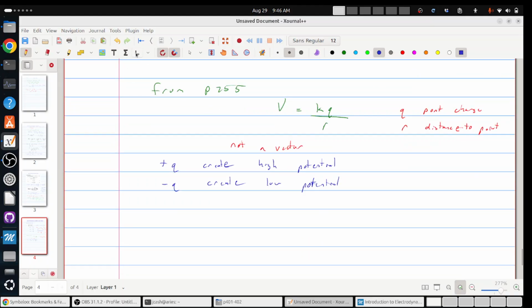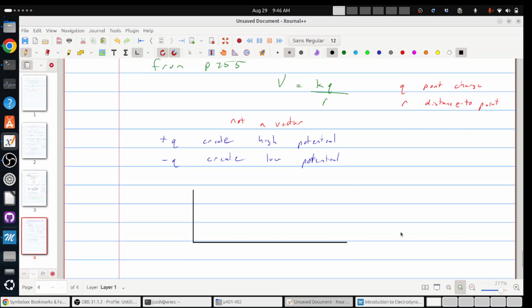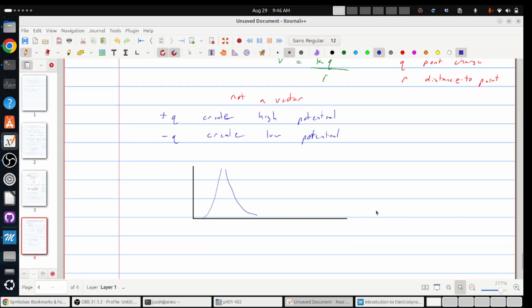And if I were to, again, try to make a plot of this sort of thing, you might end up seeing something where near a positive charge, you get this sort of a thing. Near a negative charge, you would have a negative sort of thing, where there's a location here of a positive charge and here a negative charge.